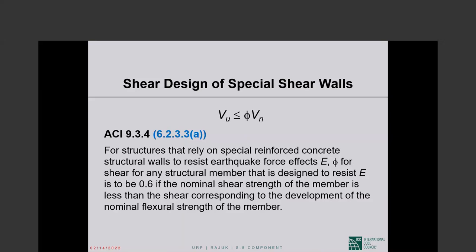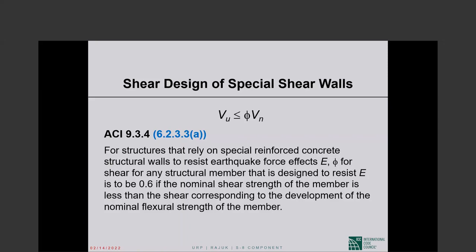So roughly speaking, if the height to length ratio, total height to total length ratio of a shear wall is less than 1, it definitely will fail in shear before it has a chance to fail in flexure.